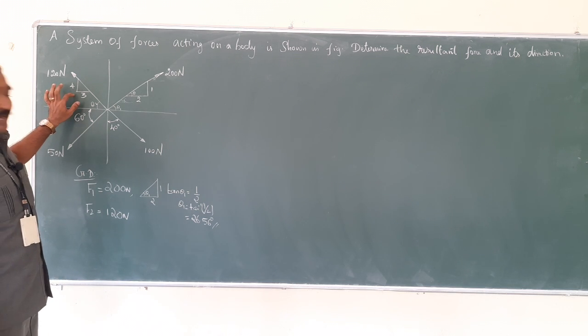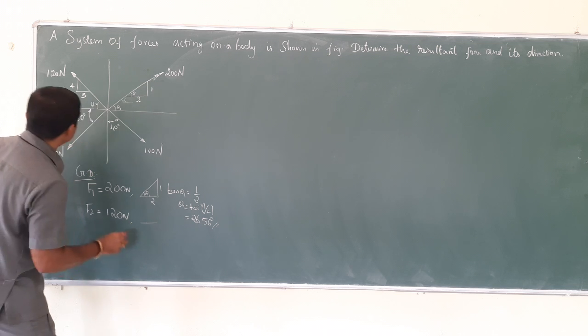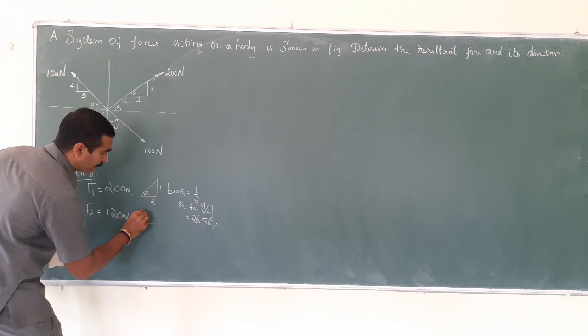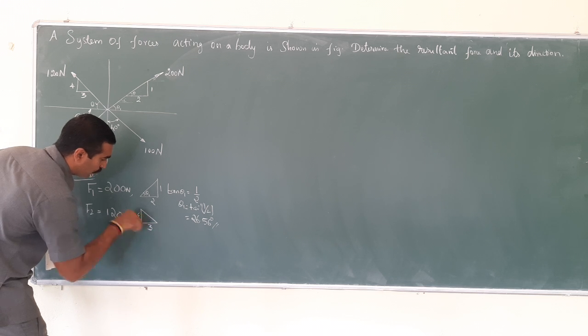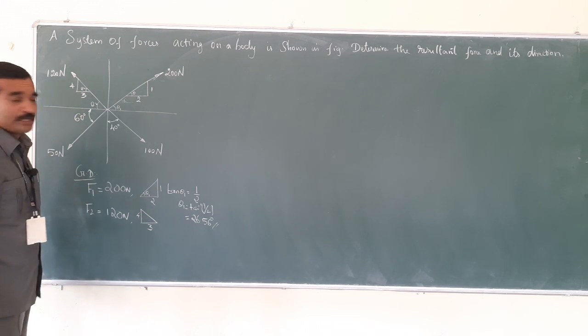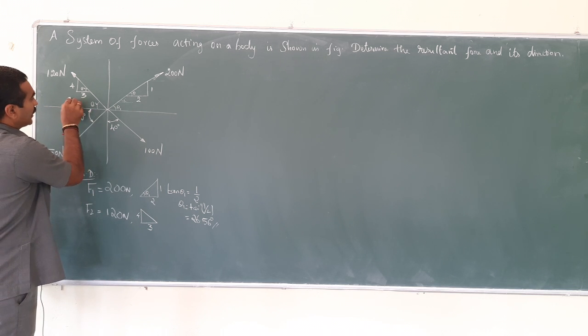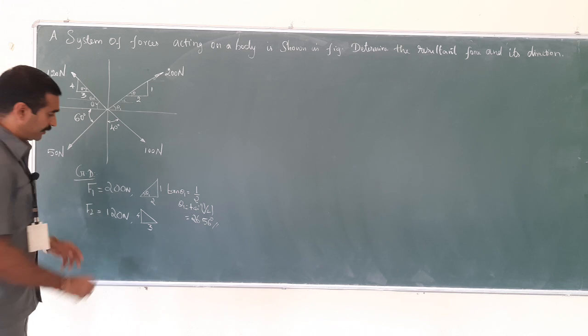Here the triangle is given, so let me take this triangle. This is 3 and this is 4. If this is theta 2, what about this? This is theta 2. If I draw any parallel line to the xy, this could be theta 2. Isn't it? The same thing I am going to consider here.